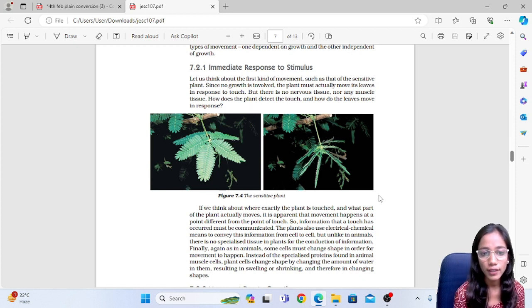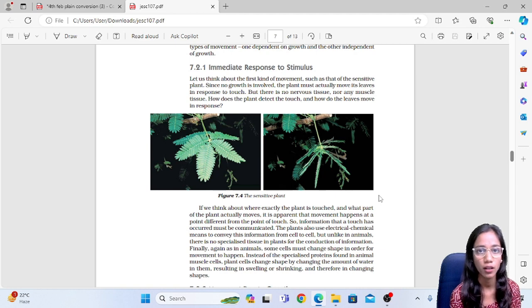It is because of some electrical chemical means which conveys the information from cell to cell. A chemical is produced which moves from cell to cell, producing an electrical signal, because of which it gives a signal for the plant to droop.